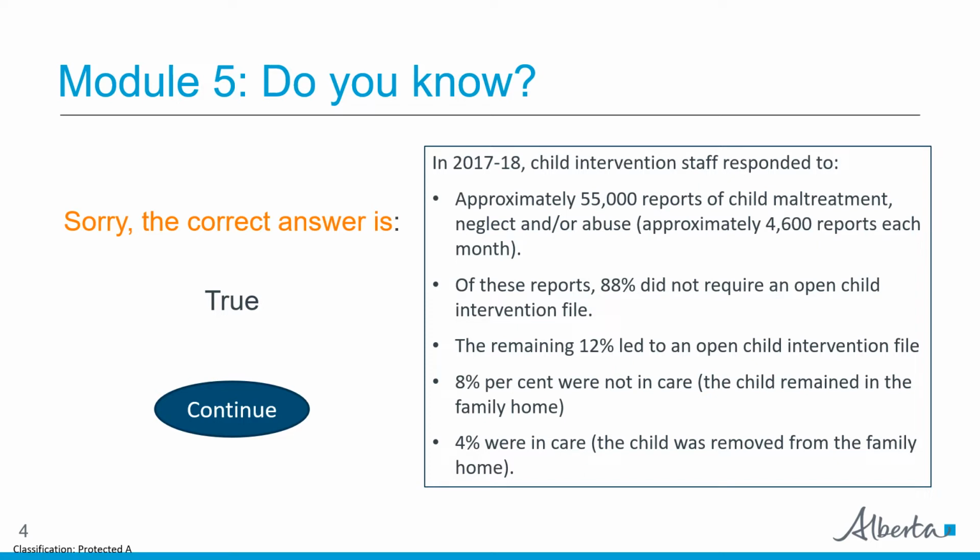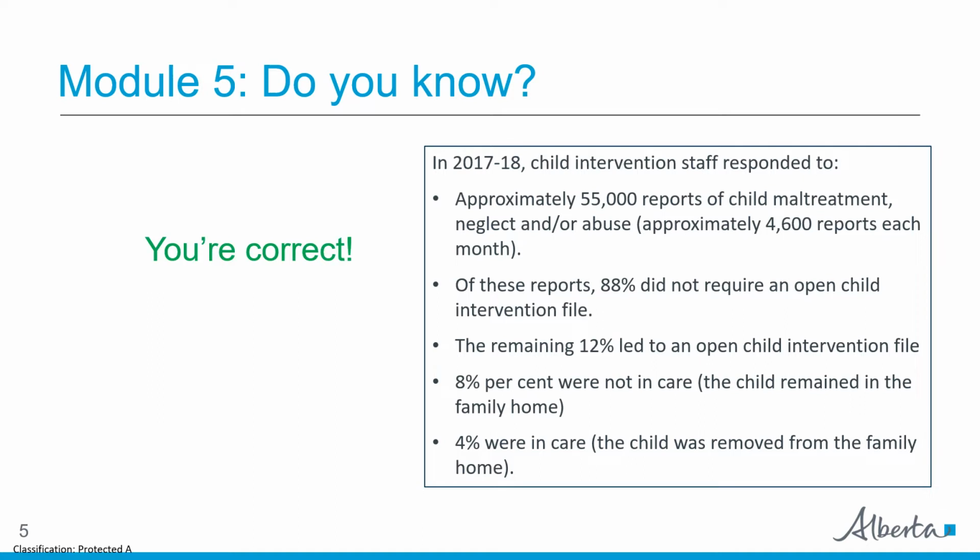Of these reports, 88% did not require an open child intervention file. The remaining 12% led to an open child intervention file. 8% were not in care. The child remained in the family home. 4% were in care. The child was removed from the family home.